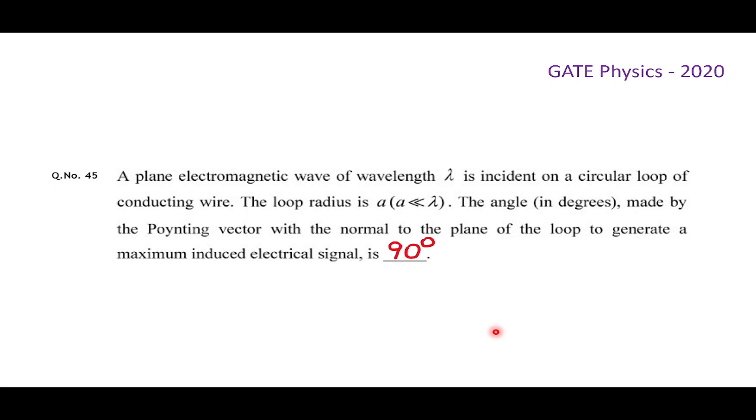Sir, if you consider Lenz's law, then it will oppose the applied magnetic field. And there will be a phase difference of pi by 2 between the applied and the generated one. Not pi by 2, it should be pi, right? Because it will try to cancel out the magnetic field in the opposite direction.